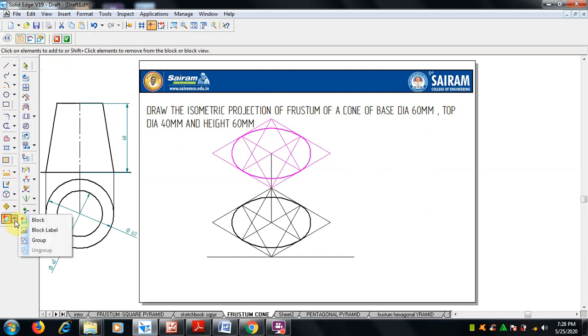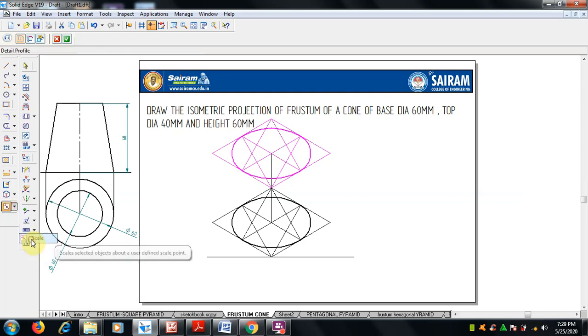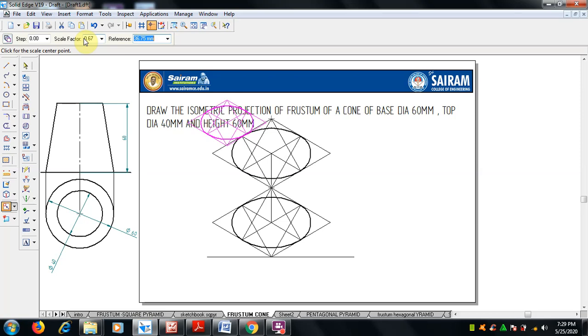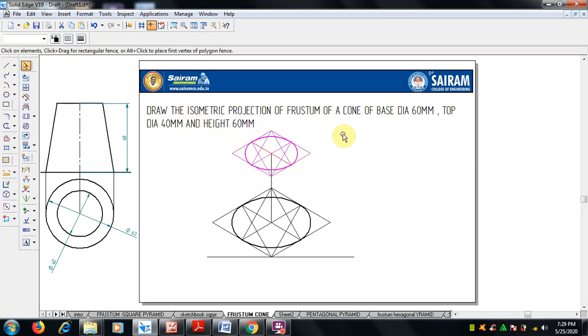So I am going to select scale, what 40 to be done. Okay, so base is 60, now it is going to be 40, so I am taking directly 40 by 60. So now I keep it here, that's it.